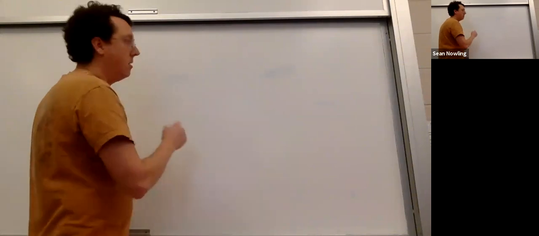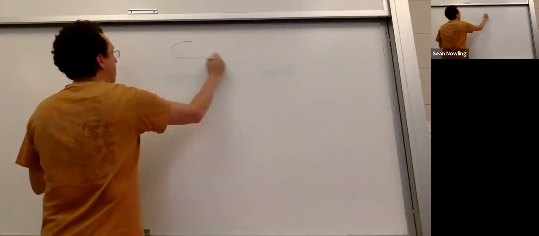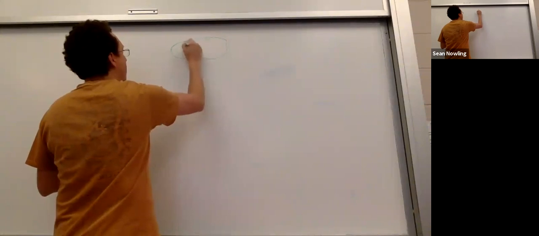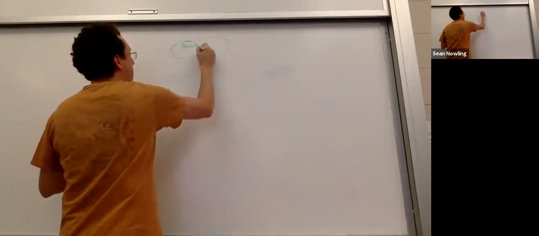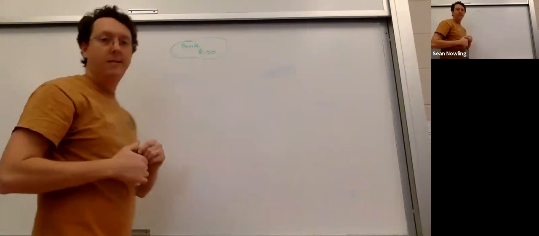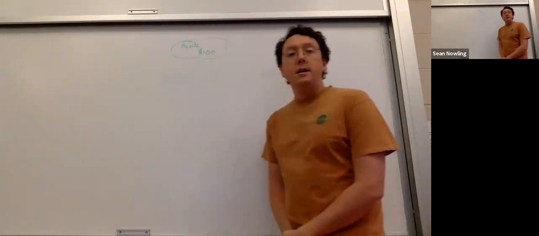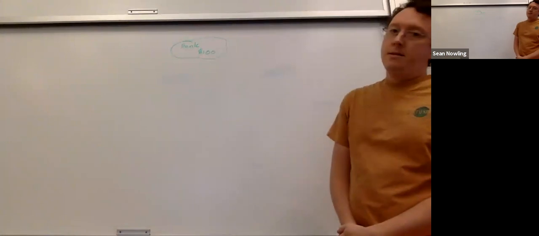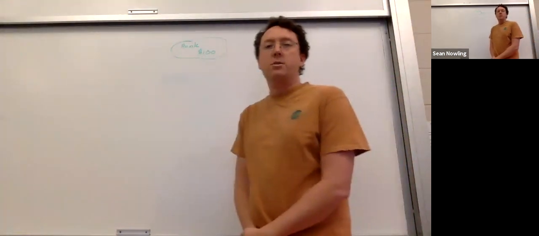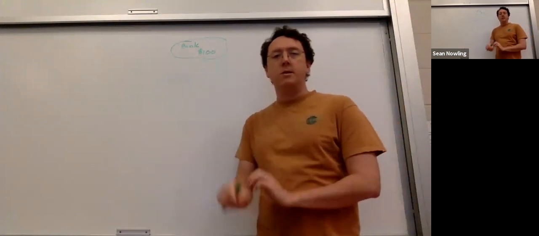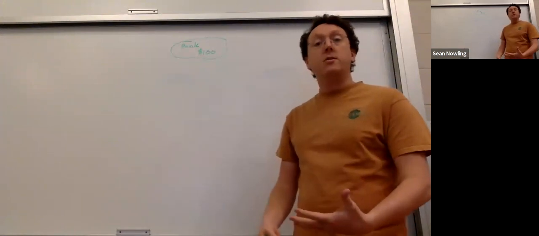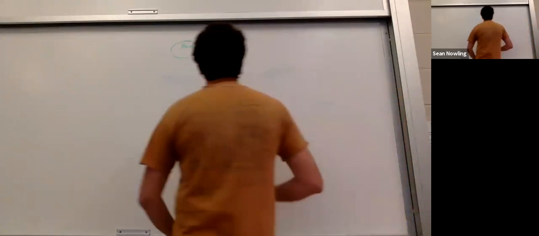Let's draw our system, your bank, and right now you have $100. And then you go to the store and you interact with the store. So that means you put your debit card in, you type your code. That's your interaction.